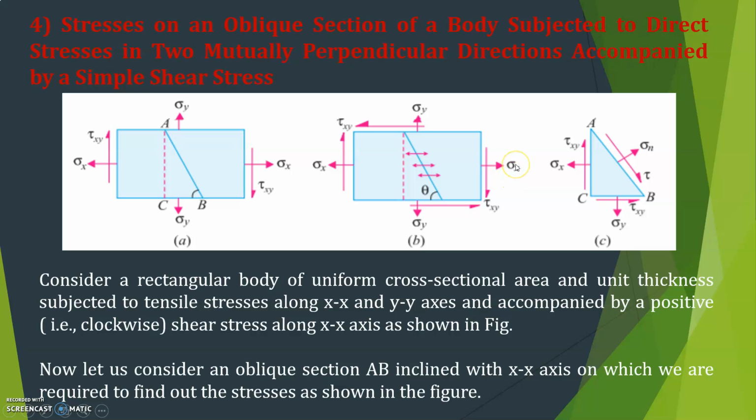Sigma x is positive. If it is compressive force, then you have to take it as minus. Similarly, if the stress is acting in this direction, then it is positive. If the stress is acting in this direction, then you can consider it as a negative force.